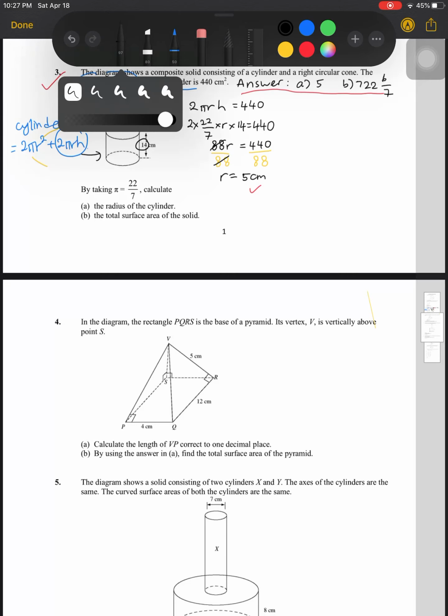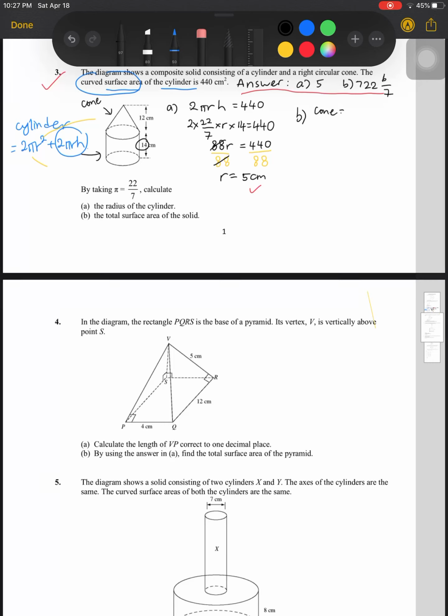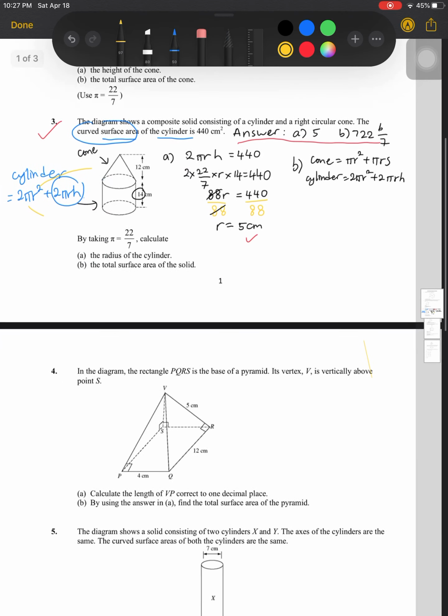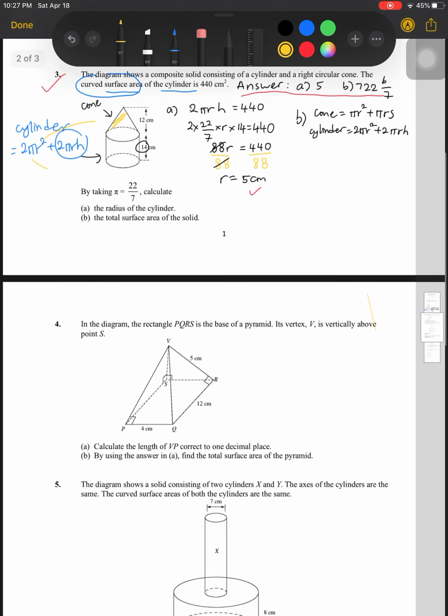The formula of the cone is pi r squared plus pi r s, and for the cylinder it is 2 pi r squared plus 2 pi r h. Because it's already combined, we have the curved surface area of the cone, the curved surface area of the cylinder, and the base area of the cylinder. There are only 3 parts of surface area that we need to add.